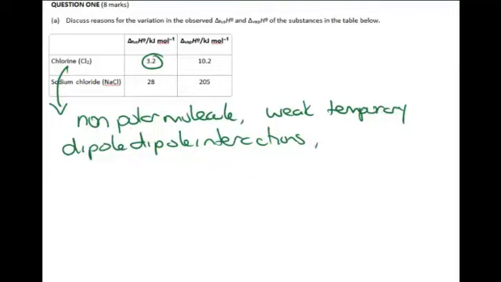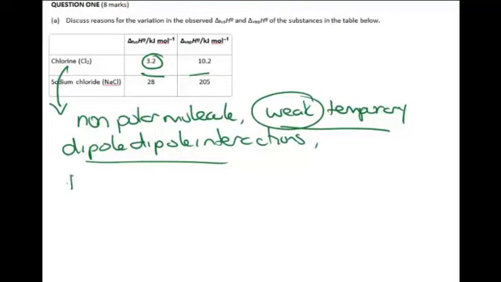You should state that it's nonpolar. You need to state the kind of bonding and whether it's weak or strong. In this case it's weak, and how much energy it takes to break, not just in one phase but in both phases, going from solid to liquid and liquid to gas. So it takes only a small amount of energy.